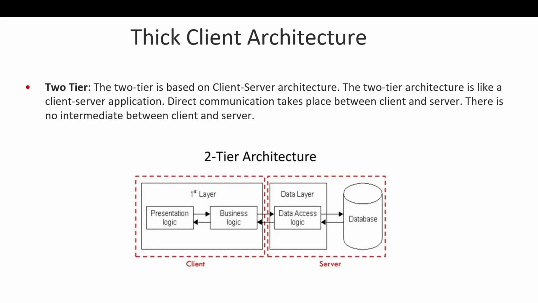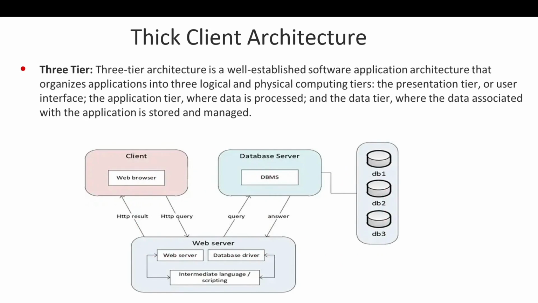The next one is the three-tier architecture, where the web server part, the middleman, comes in and handles the operations and the logic. There is a dedicated server side, the DB side, which handles all the database queries.